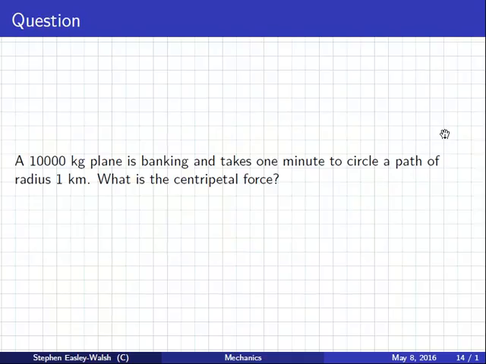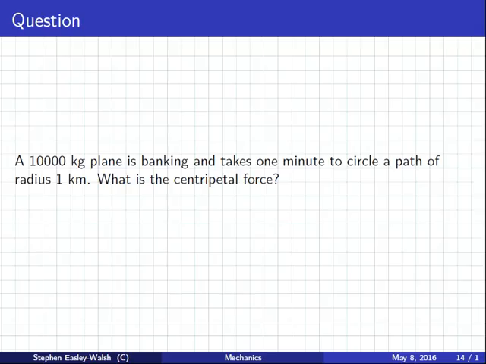Again, I want you to read this and then draw or write it. A 10,000 kg plane is banking and takes 1 minute to circle a path of radius 1 kilometer. Do you know this word banking? When you see the plane, it's flying like this.